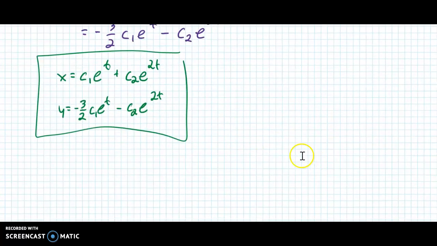What you would have been most likely to get would have been y equals c1 e to the t plus c2 e to the 2t, and my x would have been like the inverted version of what I have up there.